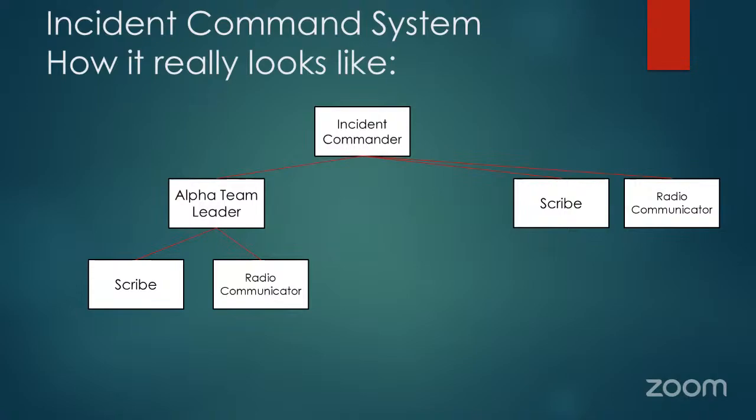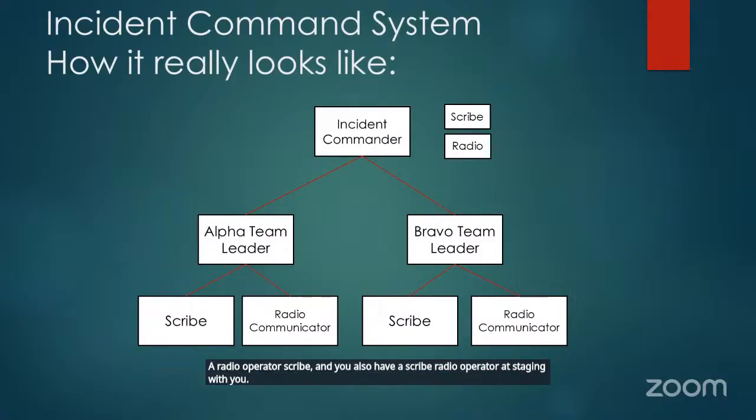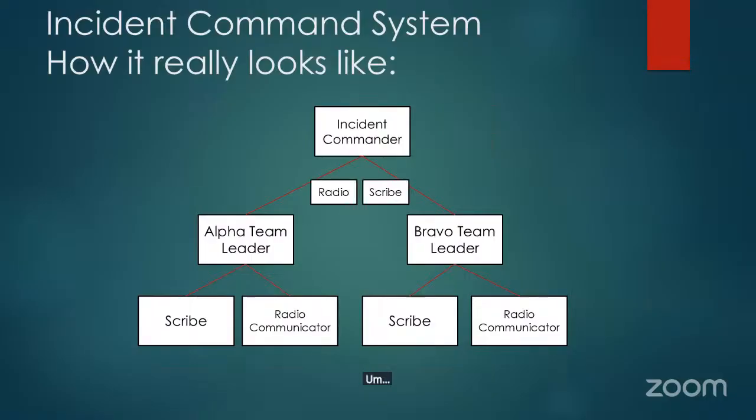So, two teams in the field. Each team is comprised of a team leader, a radio operator, and a scribe, and you also have a scribe and radio operator at staging with you. How you put them on the chart, again, I would say you really don't need a chart for this yet.